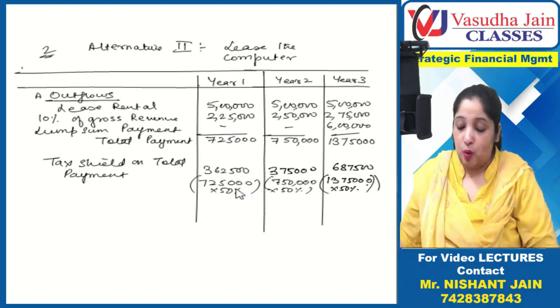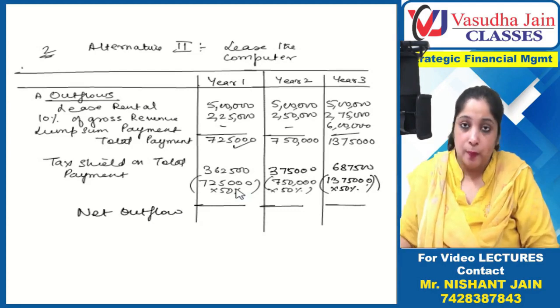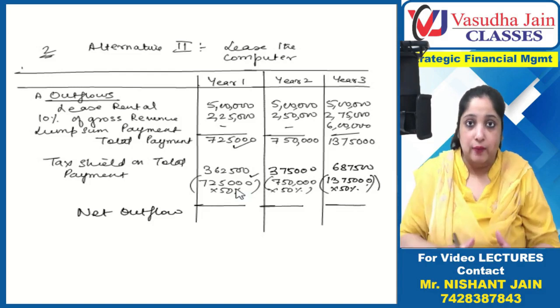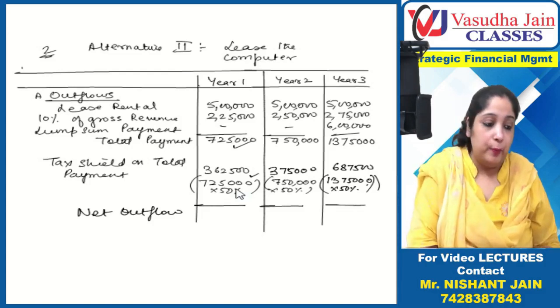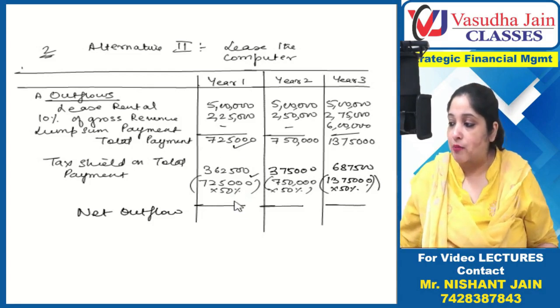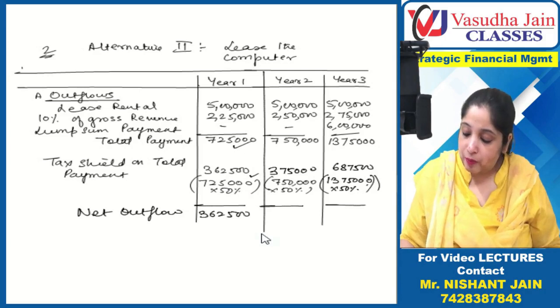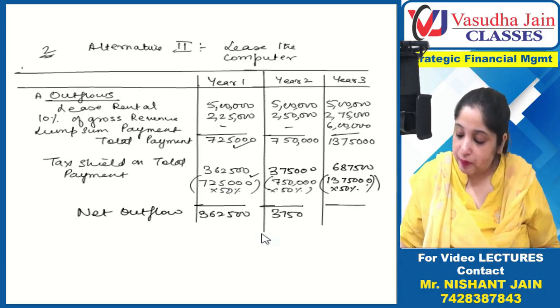Tax saving is an inflow. So, what is the net outflow every year? This is the outflow, but this is the inflow. That is, you have saved the tax. So, what is the net outflow? The net outflow after computation, 7,25,000 minus 3,62,500, is coming out to be 3,62,500 because this is 50%, right?